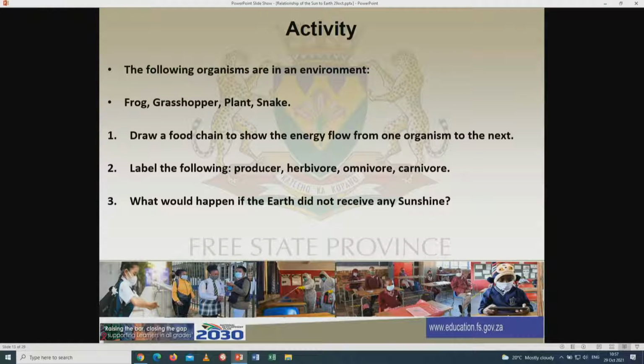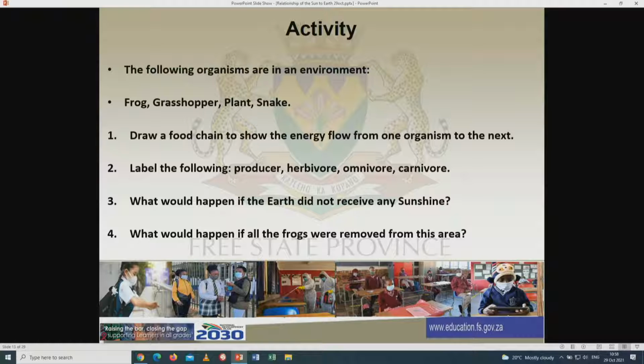Question number 3, what would happen if the earth did not receive any sunshine? And last question, grade 7s. What will happen if all the frogs were removed from this area? Please pause the video and answer the following questions.